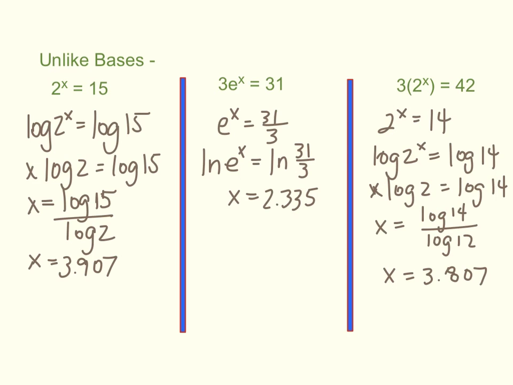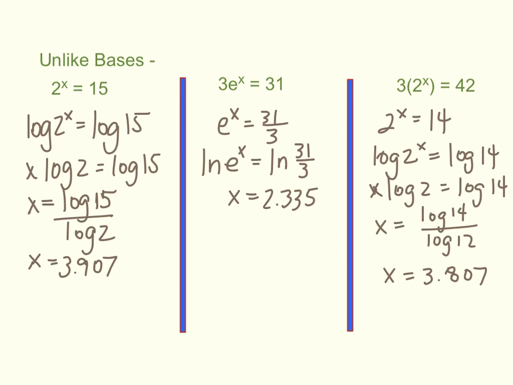But then there are those situations where we do not have the same base, or we have a base only on one side. Unlike bases, we will take the log of both sides. So the log of 2 to the x and the log of 15. Well, from yesterday, we know that the log of 2 to the x is equal to x times the log of 2.